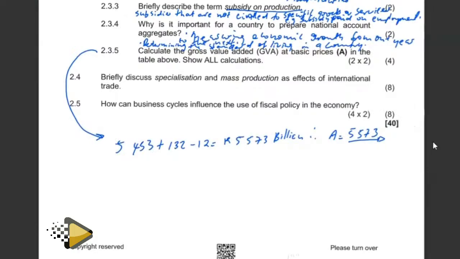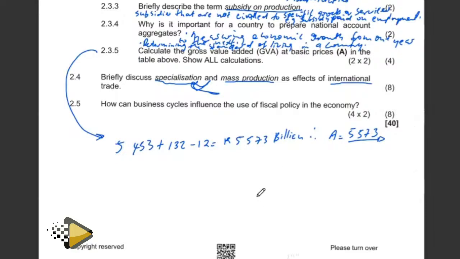So in this regard, we are going to explain what specialization is, what mass production is, and what international trade is.